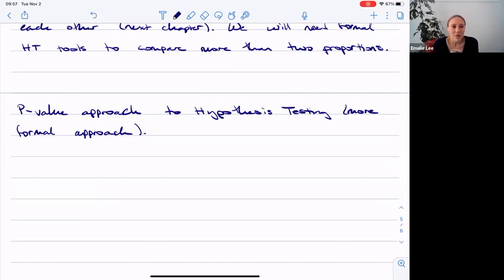Well, we still use the same steps for hypothesis testing because we're still hypothesis testing. But now I want to go through each of those steps again and look at how things are changing. Because we've seen how we do it with the confidence interval, and now we're doing it with the p-value.